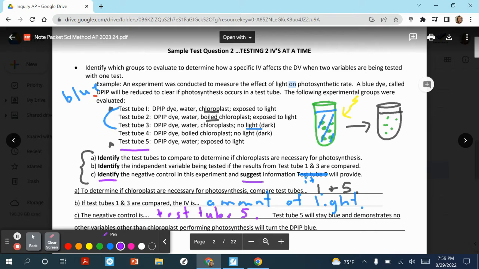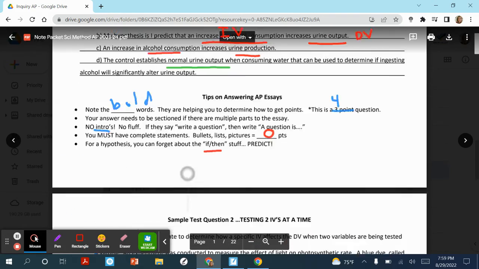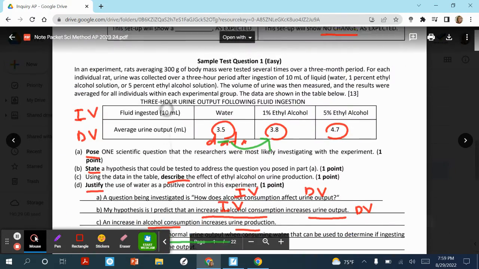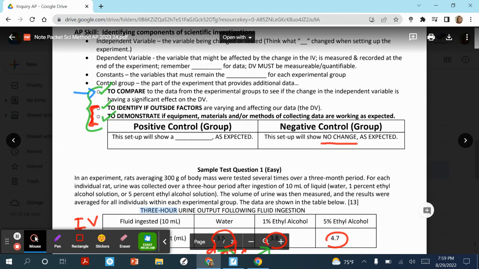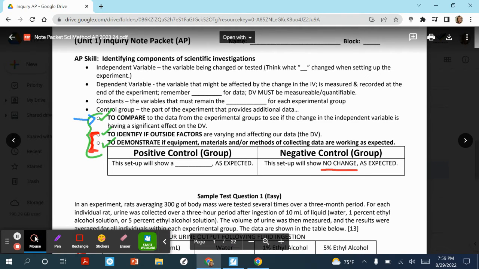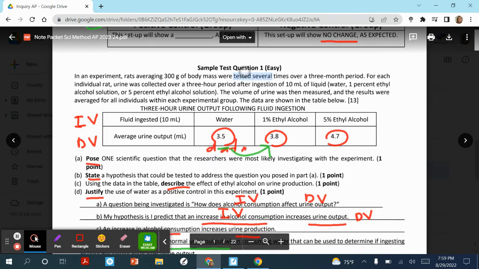Okay. So going back to what those control groups can tell us, sometimes they can help demonstrate if the equipment, materials, or the methods collecting data are working as expected. They can also help us identify if outside factors are affecting or not affecting our data.